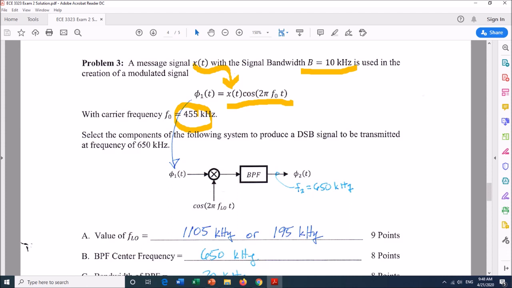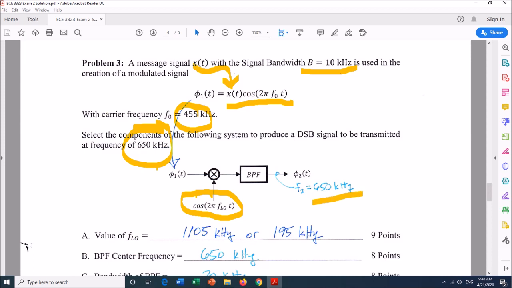And so this is a double sideband signal that is being shifted to a different frequency by using this mixer and the bandpass filter. So we're mixing with a local oscillator of a certain frequency, passing it through a bandpass filter, and we want to produce a signal at 650 kilohertz.